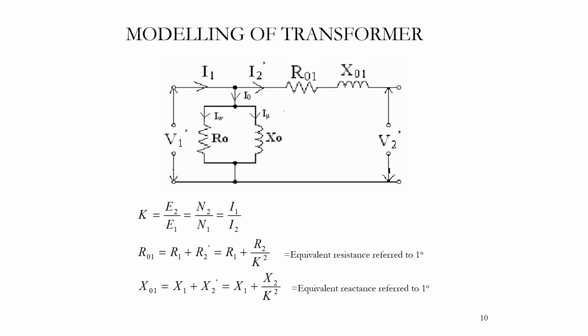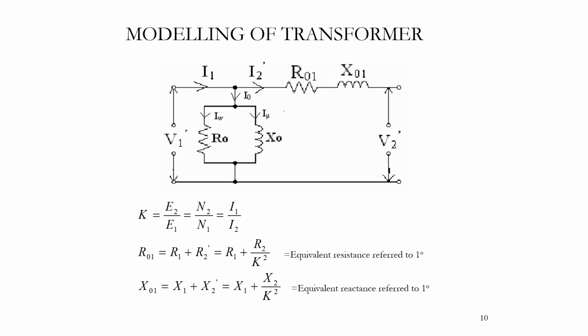Now let us see the transformer modeling. The transformer has two sides, primary and secondary. The primary current and voltage are I1, V1. Resistance and reactance are taken as R1 and X1.